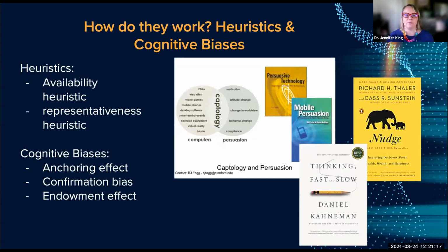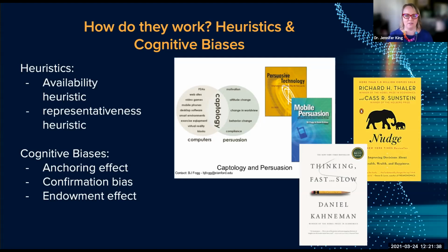Okay, those are some of the foundations. How do they work in practice? Where have they come from in the last decade or so? The key thing to understand is that dark patterns are effective because they work on our cognitive biases and the heuristics we use. So what are these things? Cognitive biases are systematic errors in our thinking.